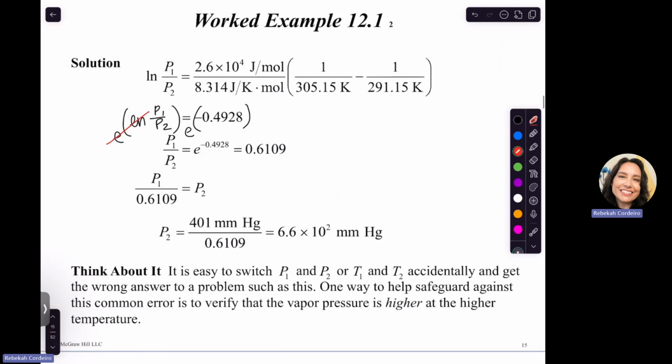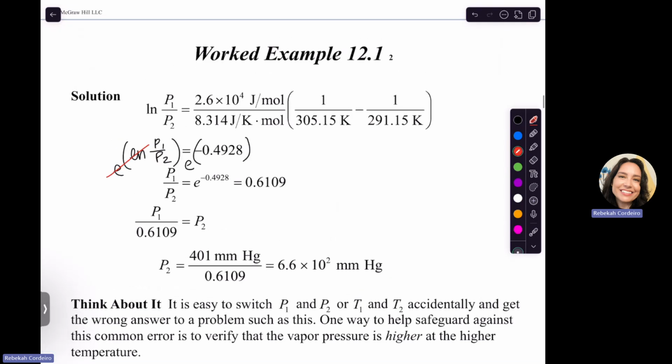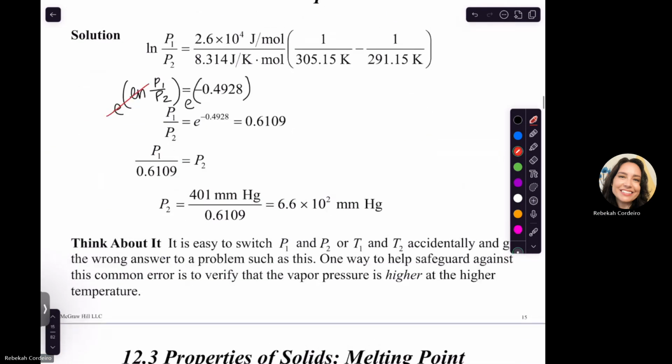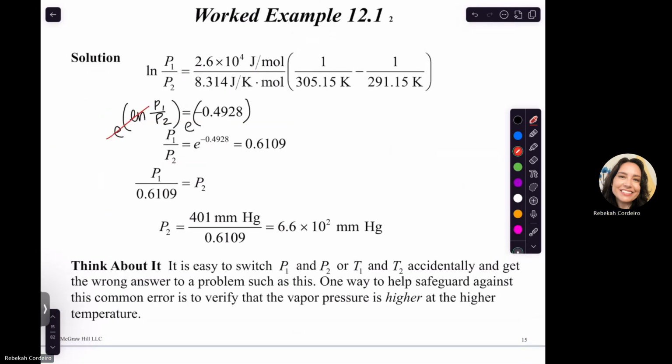Oh, you know what they did? They reversed it. Why did they do that? What I would have done is, oh no, I see. They rearranged it first: P1 over P2 is equal to the 0.61, and then they plugged in the 401. You can do it either way.